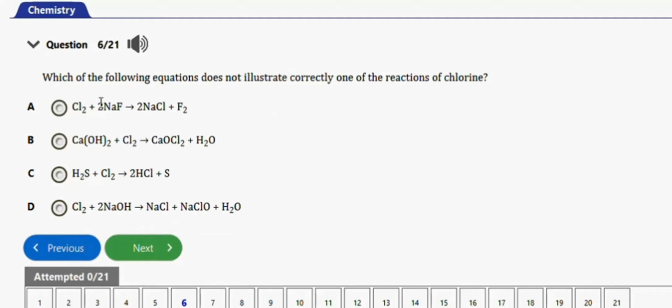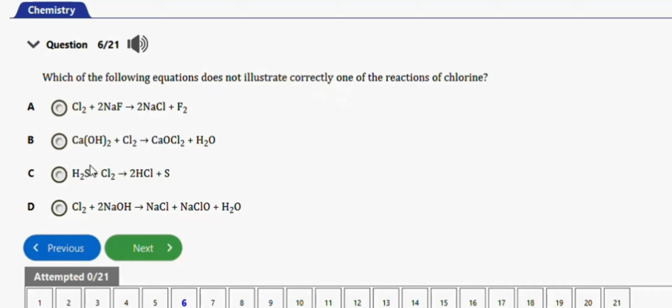It says, which of the following equations does not illustrate correctly one of the reactions of chlorine? So looking at the equations, we have option A. Let's look at option B, calcium hydroxide plus chlorine. We are looking for the one that does not illustrate correctly one of the reactions of chlorine.